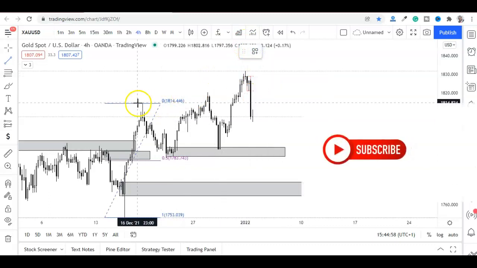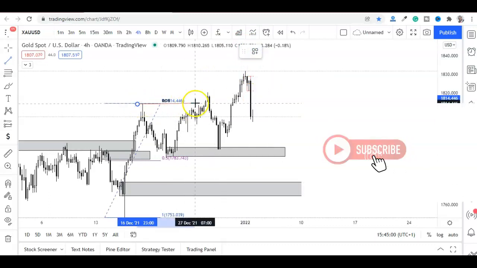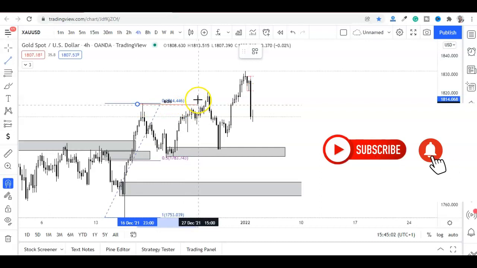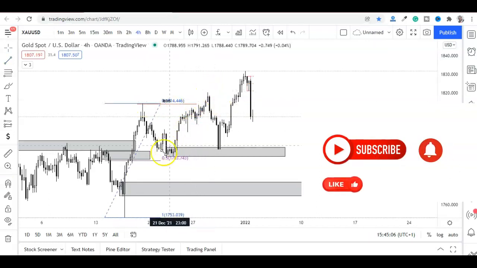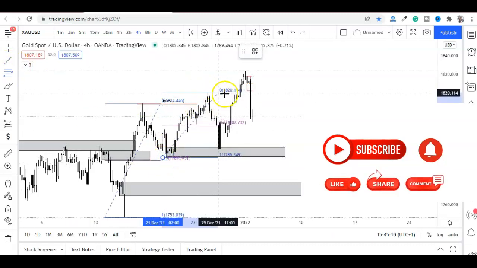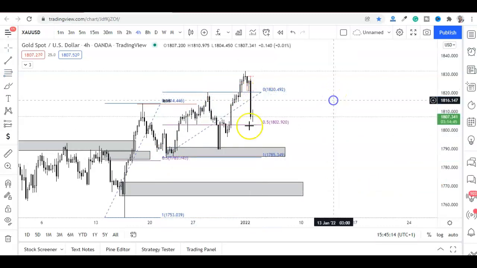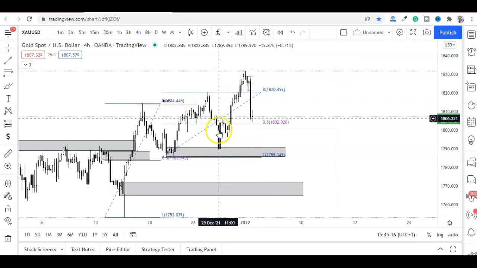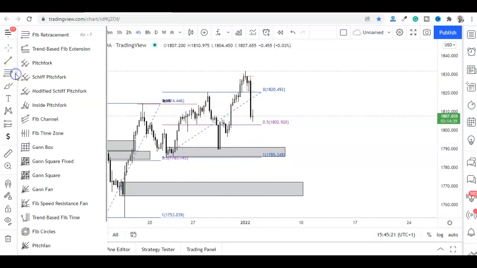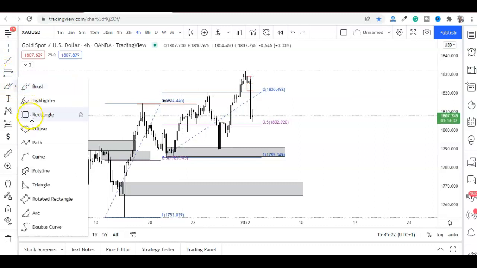Bullish BOS. So we are going to use a Fibonacci tool from here to here. So any order block above this, as price was coming down, you can see that we have another block here. We have another block here, but it was not respected.